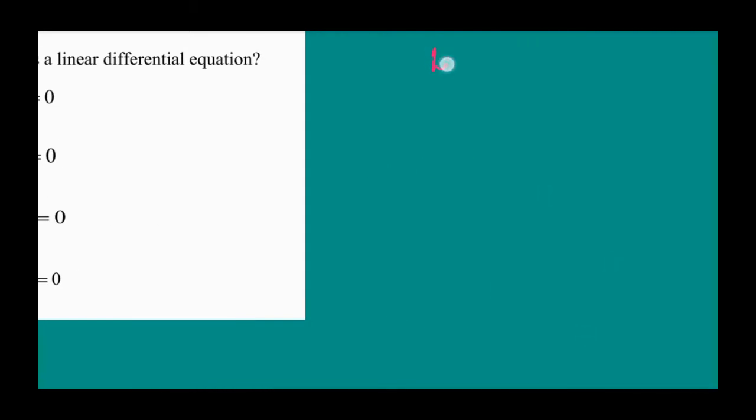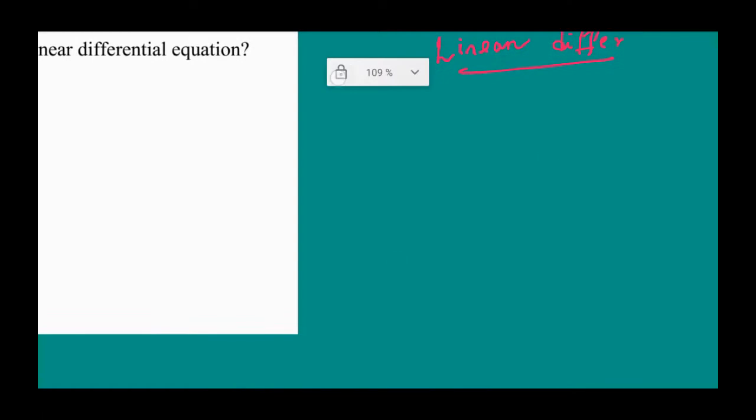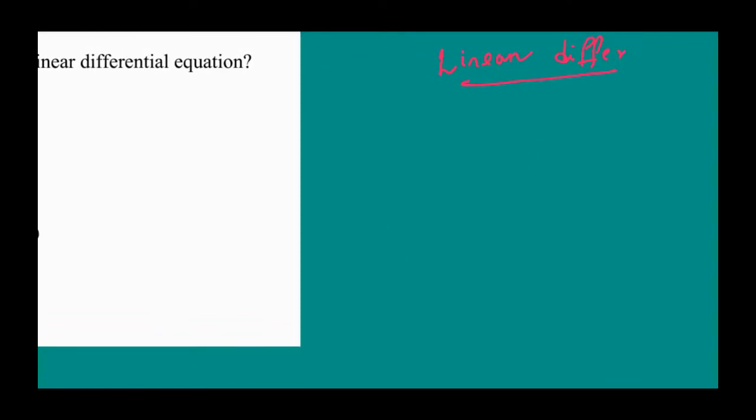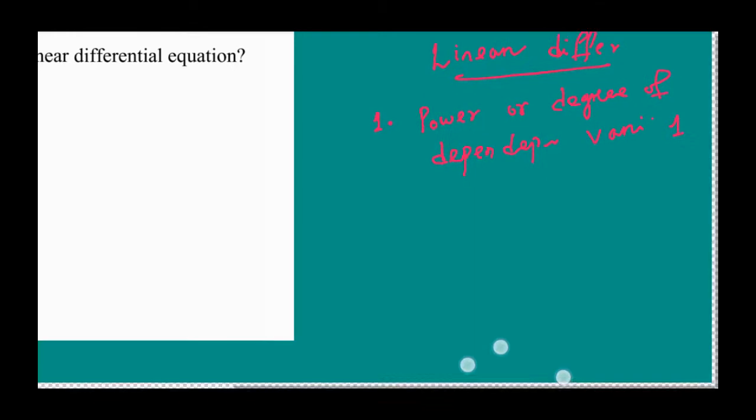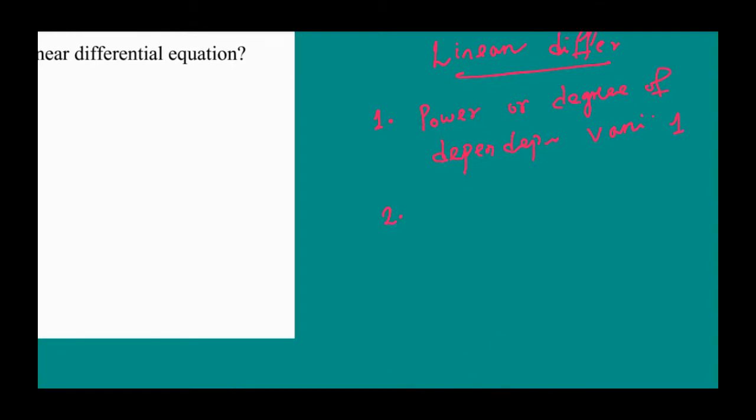For a linear differential equation, first thing is power or degree of dependent variable must be 1. Second one is power or degree of derivative of dependent variable must be 1.